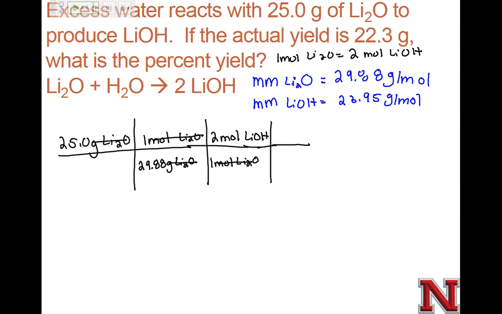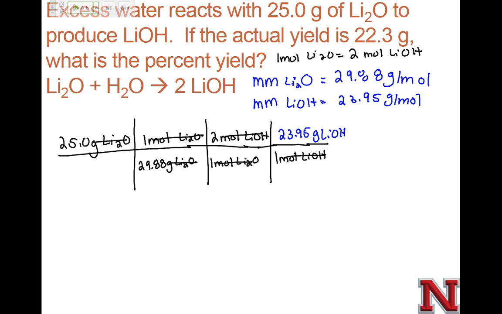So to convert this to grams, we can use our molar mass of lithium hydroxide. We want our 1 mole of LiOH at the bottom and 23.95 grams of LiOH at the top.